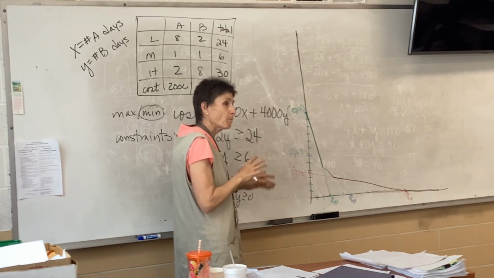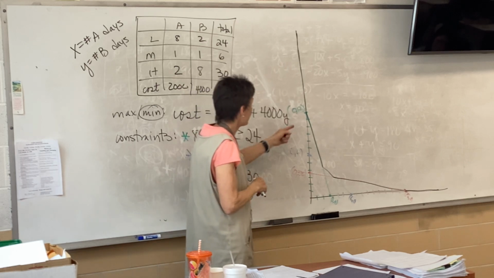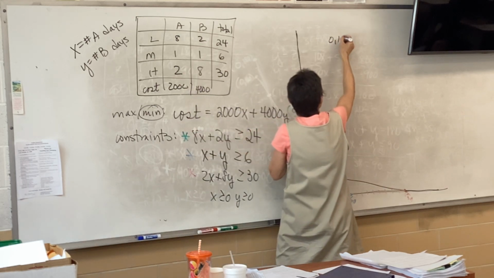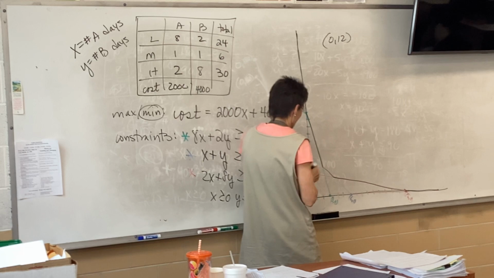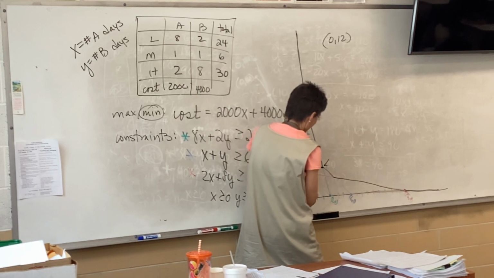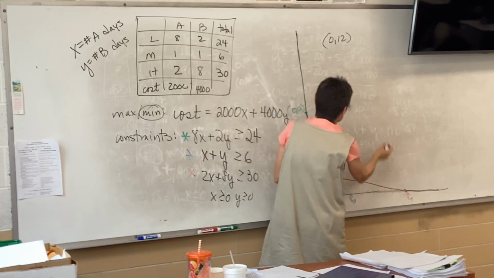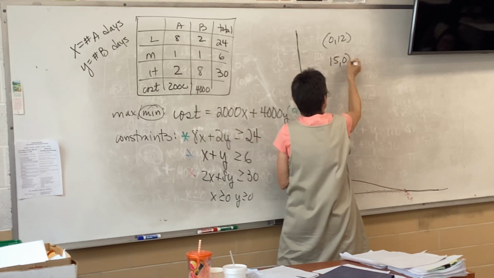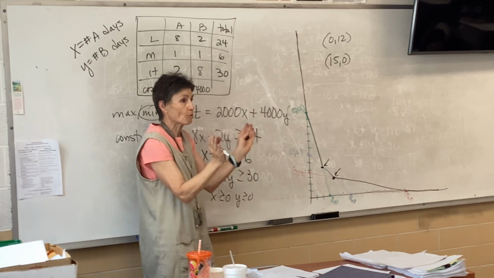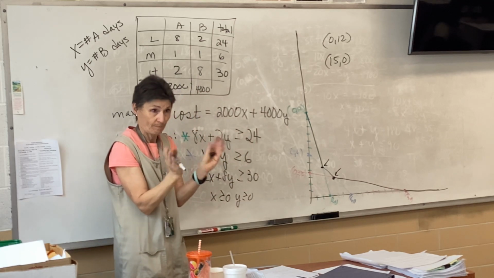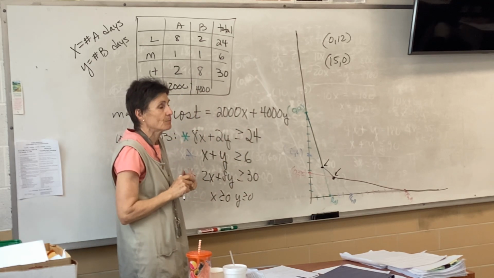So the corner points of that shading are 0, 12, this guy, which I don't know what he is, this guy, which I don't know what he is either, and 15, 0.